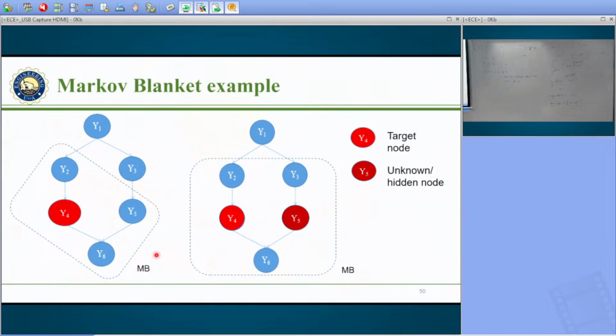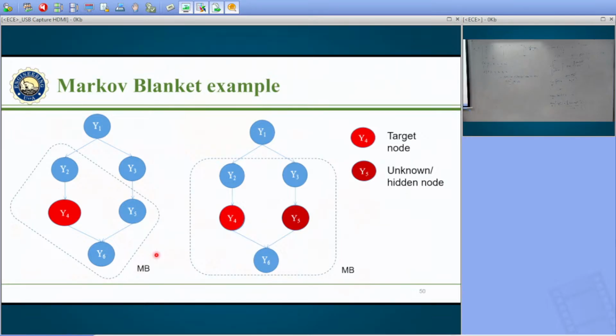Y6 is dependent on y3, but if the y5 information is known to me, then this information is already present there. So it only directly depends on this one, not on this one. It is direct dependence I'm looking at. That's why I've written y6 depends only on y4, y5. Direct dependency is this one.